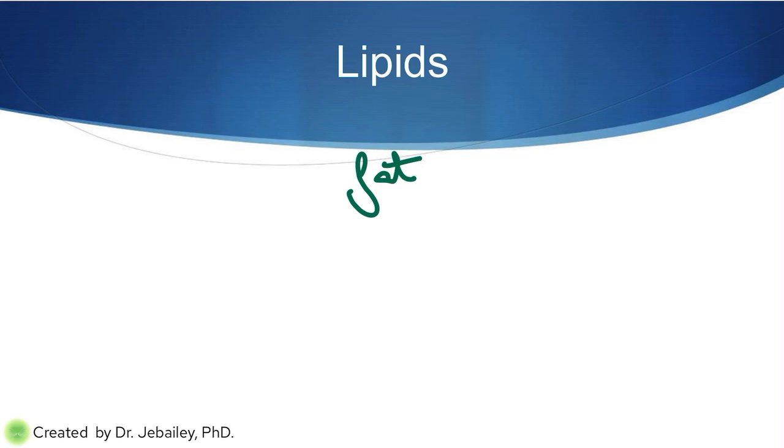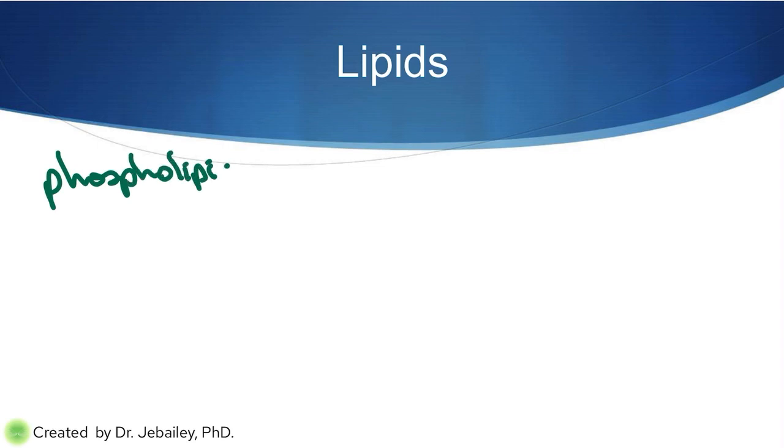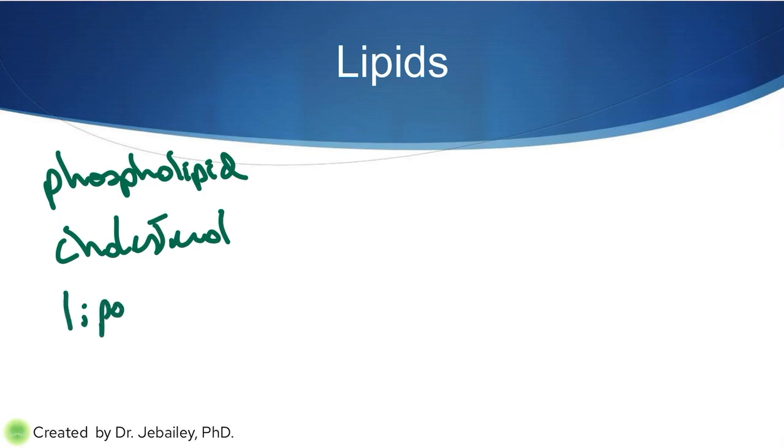Now, when it comes to lipids, there are so many different forms of lipids. So let's go through some examples. We have phospholipid, which you probably already learned in topic 1 when you were doing the cell membrane. We can have cholesterol. We can have lipoprotein. These are just small examples.